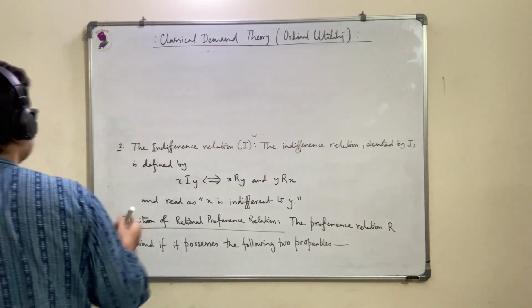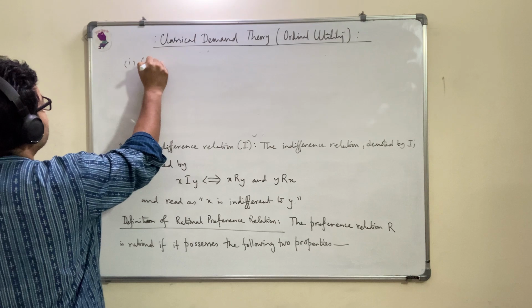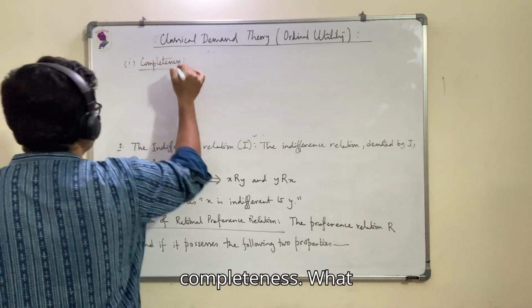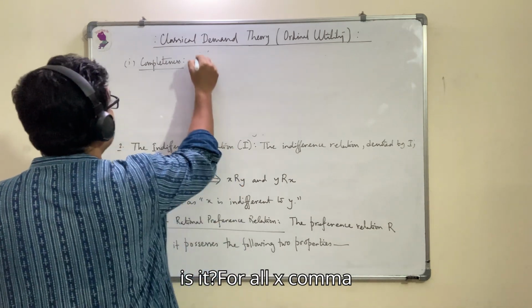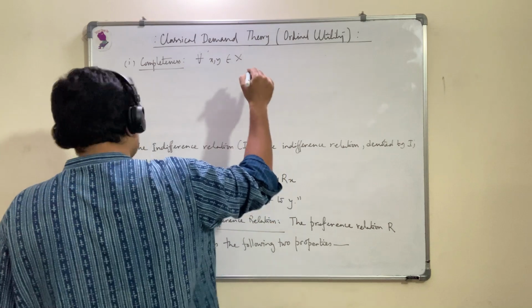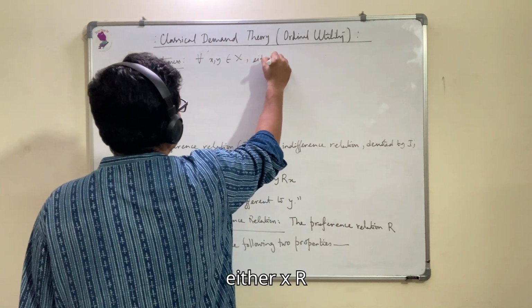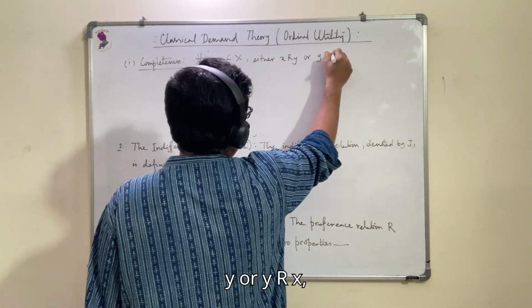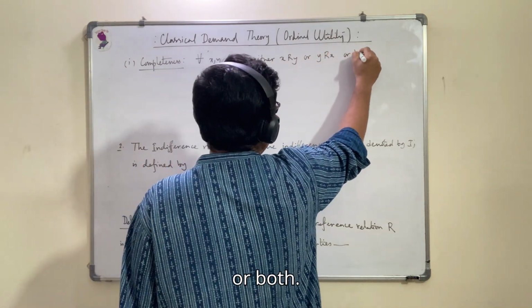Number one, completeness. What is it? For all x comma y belongs to capital X, either x R y or y R x or both.